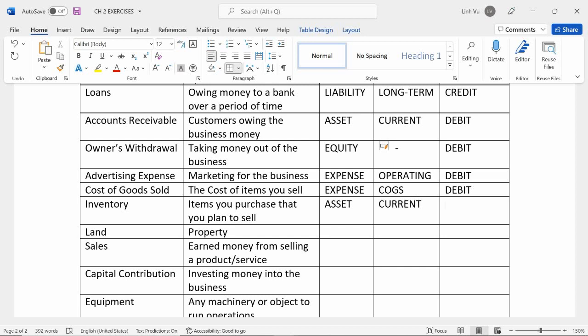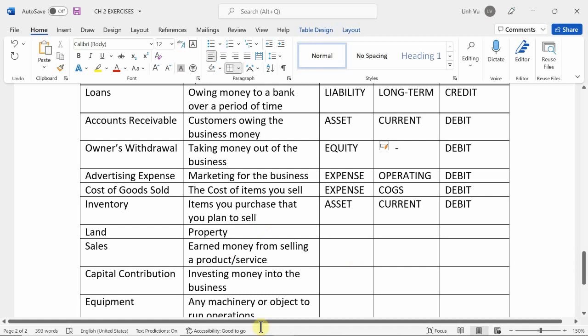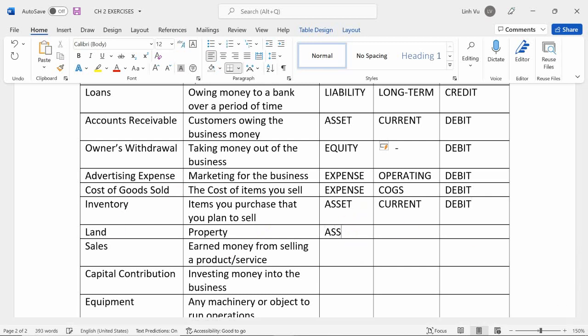Now, how do you increase an asset? Debit. You use a debit. Good. Okay. What about land, which is your property? It is an asset. Now, what kind of asset does this belong to?